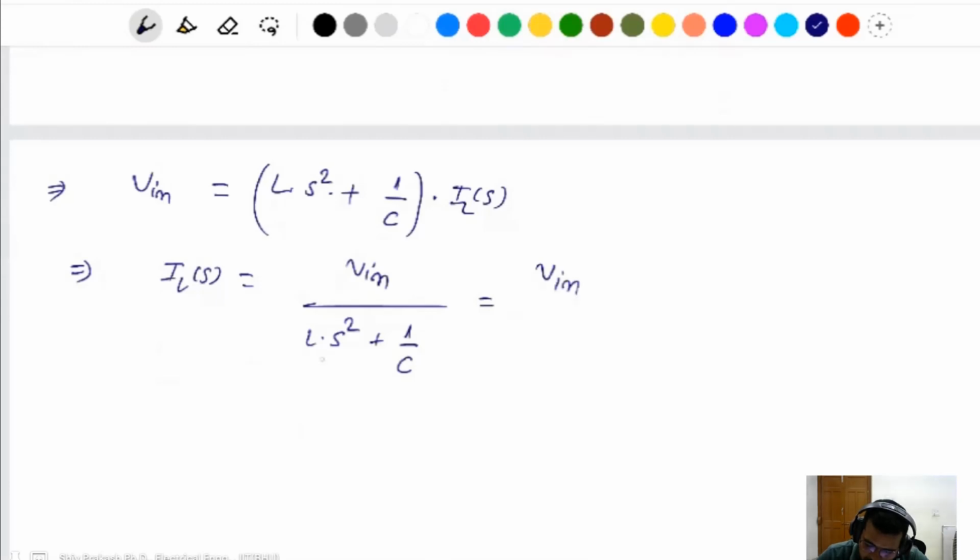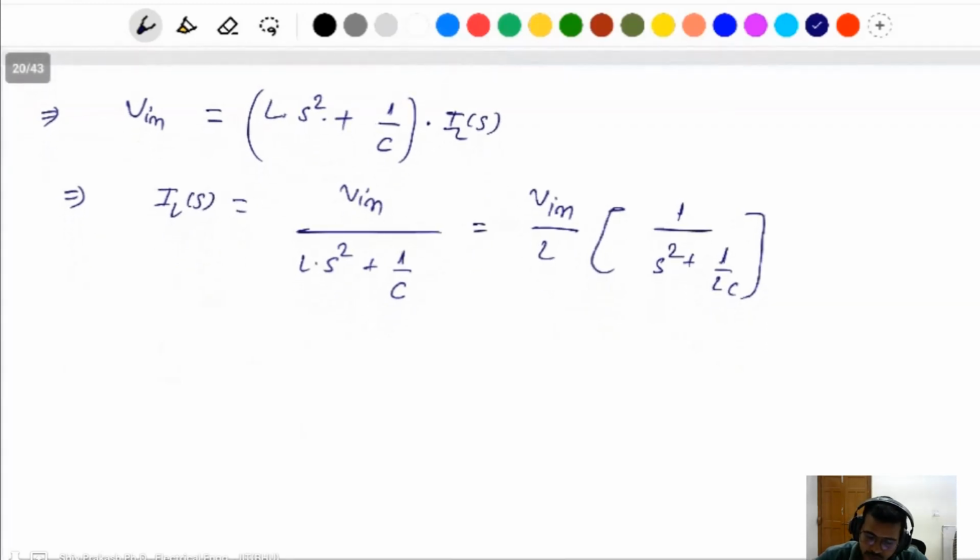Take L as common, then we will get s square plus 1 by LC. Okay, everyone, you know about the Laplace, na?